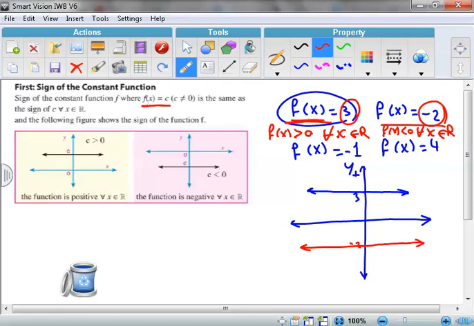The sign of the function is the sign of c. If c is greater than 0, then the function is greater than 0 for all x belonging to R. Understand?